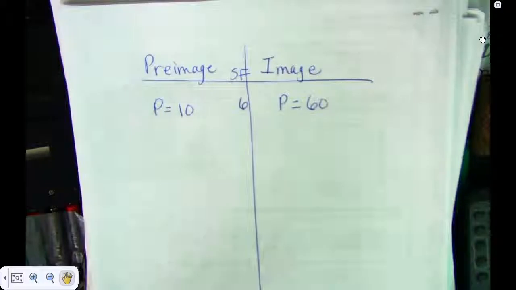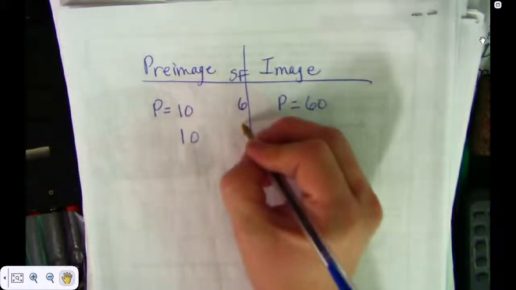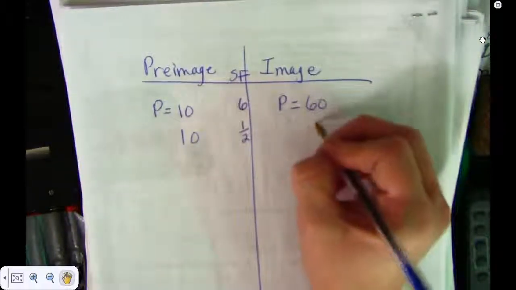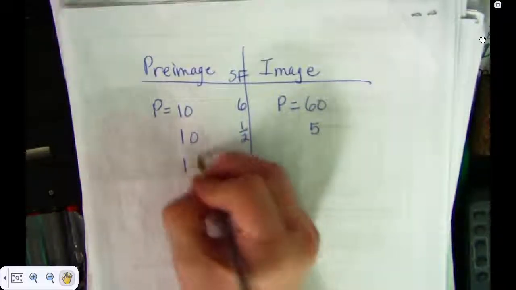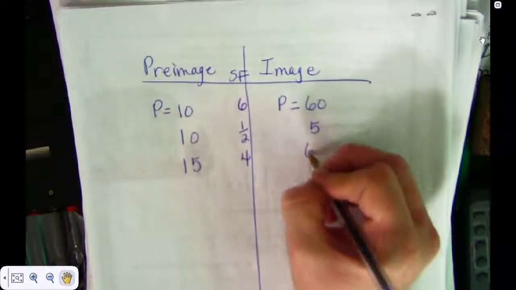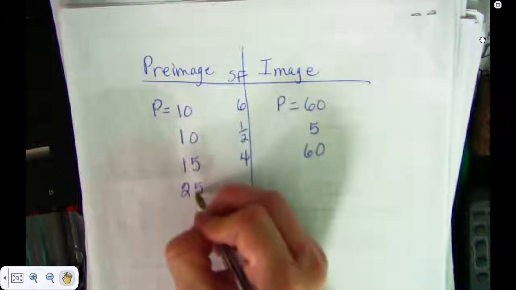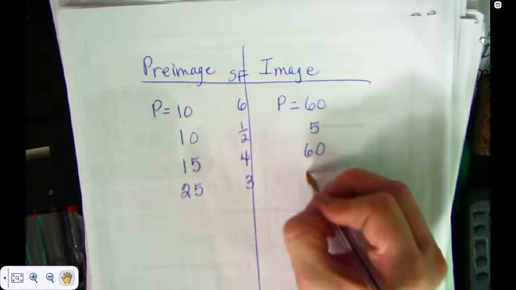If my perimeter is 10 and my scale factor is 1/2, then my perimeter is going to be 5. Please, everybody listen. If my perimeter is 15 and my scale factor is 4, what's my new perimeter? 60. If my perimeter is 25 and the scale factor is 3, my new perimeter is going to be 75.